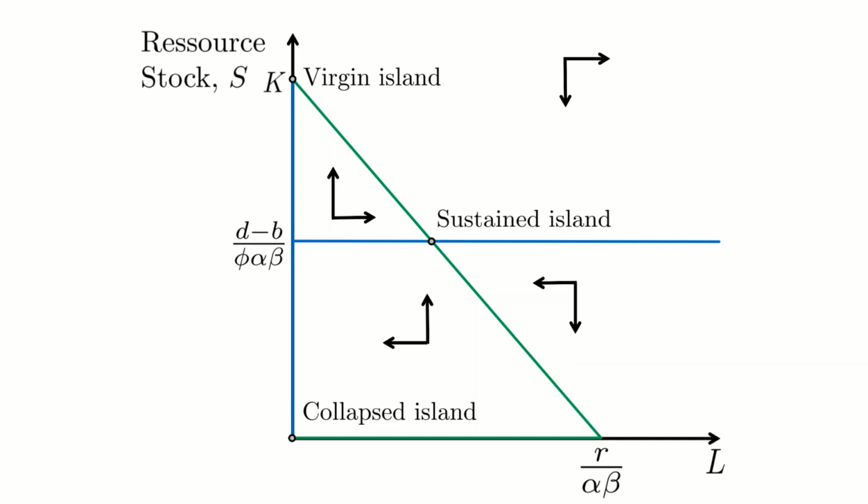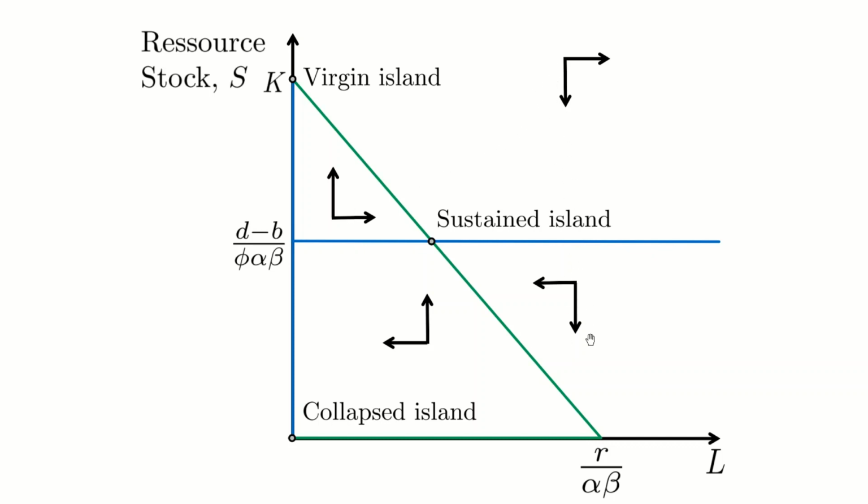The third steady state is the sustained island. It is a single point at which both S and L are positive and stable. The dynamics around the sustained island is richer since we now have 4 quadrants to consider in which each stock goes in a specific direction. The evolution of this situation on the island over time is the sum of the growth of S and L. Note that all arrows crossing the blue line will be vertical since at that point population is stable.